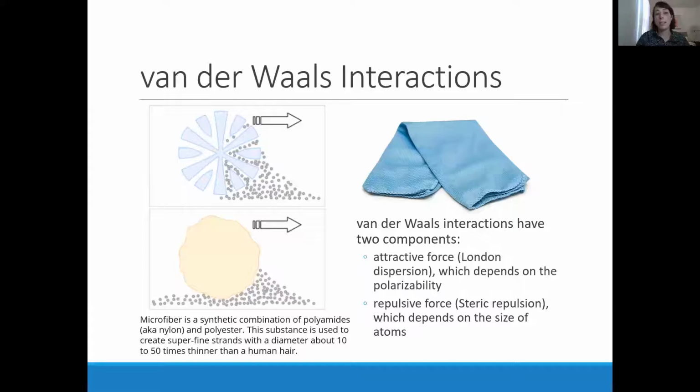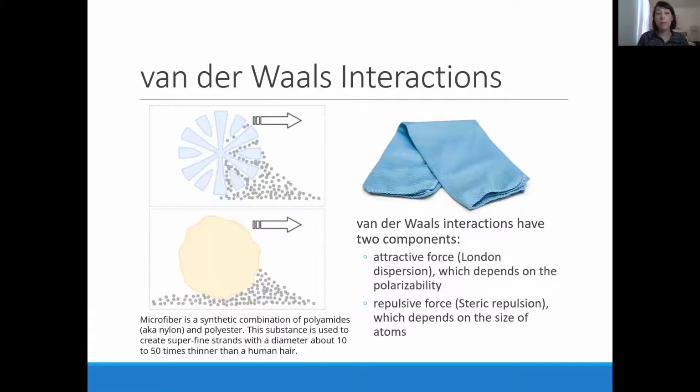So let's look at an example of a van der Waals interaction. It's actually one potentially everyday item that some of you have, which is a microfiber cloth. Microfiber cloths actually work through van der Waals interactions, and they do it through surface area.